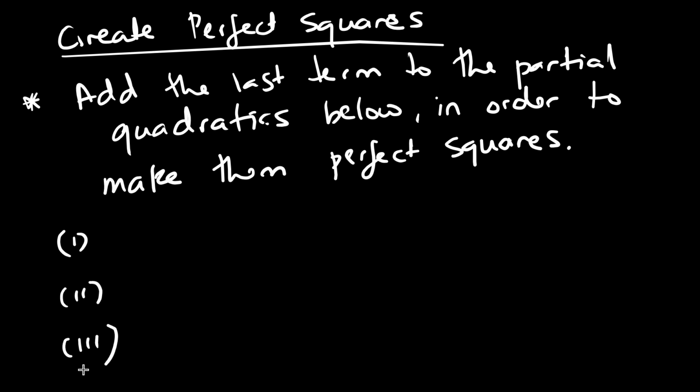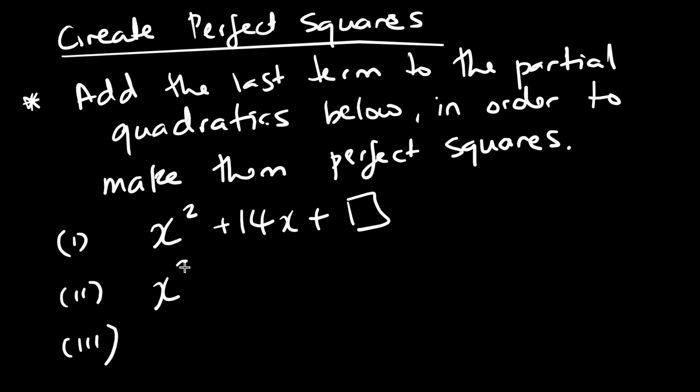And once I've written them down, you can pause the video, work ahead of me, and then we can move on from there because it's always important for us to be comfortable. So, take your time, work through, work ahead. So I've probably written down a couple of these, but I'm going to write, let's go, x squared plus 14x plus, we can go x squared minus 22x plus, and we can go x squared minus, let's go something simple.